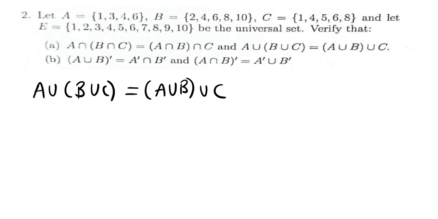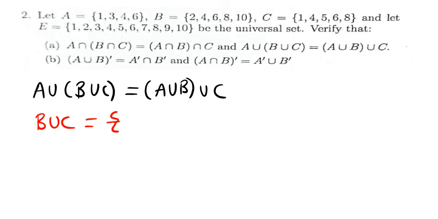Let's see what we are going to have. First of all, you have to find out what B union C is. So B union C is just what we have in B and in C, and we combine.